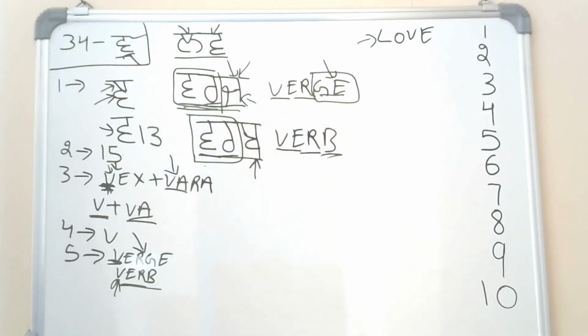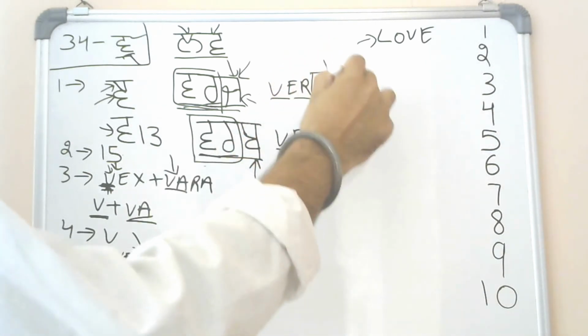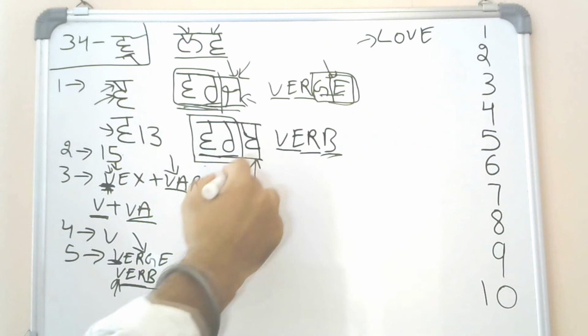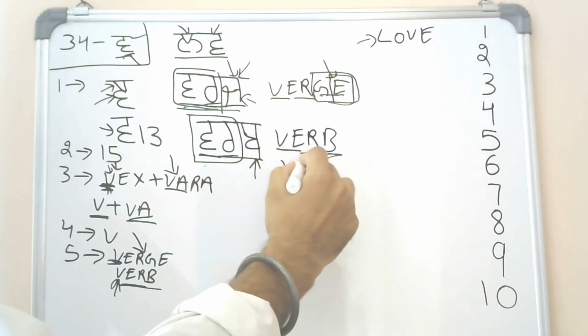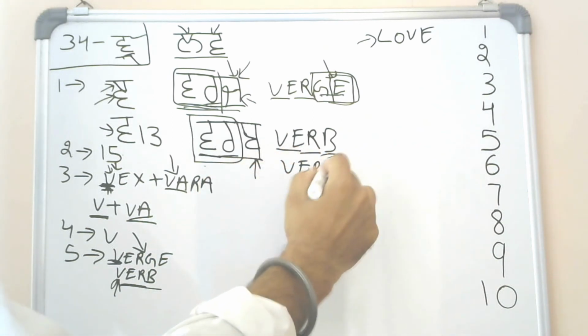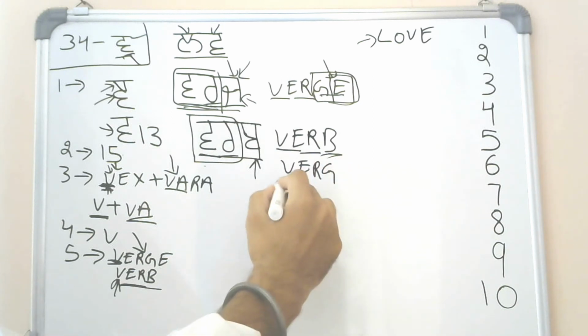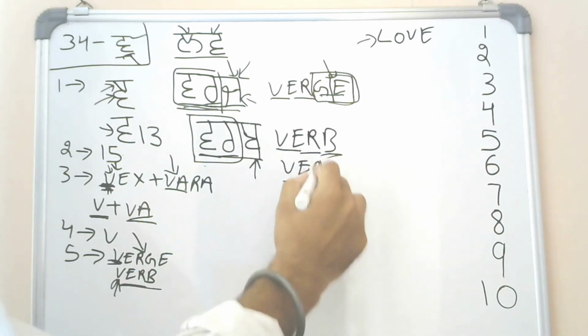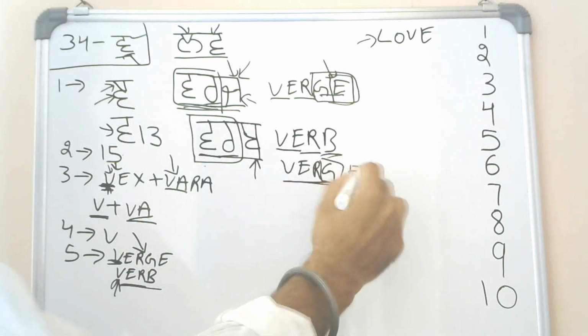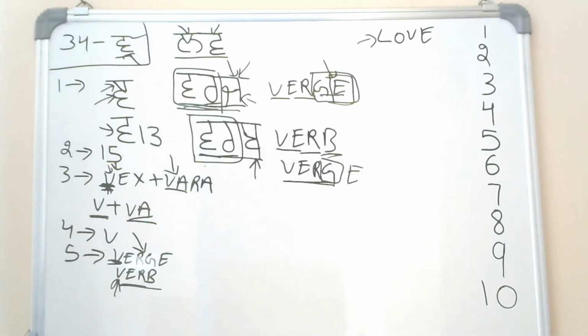No, it does not work in that way. I have told you so many times that Punjabi or Gurmukhi is all about the sounds. Even if I remove this E, I know this is not correct, but even if I remove E, then still it will give me a sound of verge, that G. But we have E here for so and so reason, I don't know.